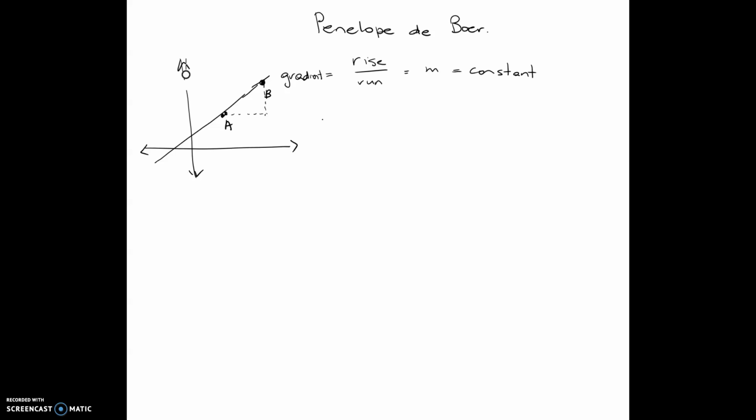For the sort of curves that Leibniz and Newton were looking at, it was much more tricky. They were looking at curves like that, where the slope is definitely not constant. The slope's not even the same all the way along the curve. So what they were faced with was a big problem.